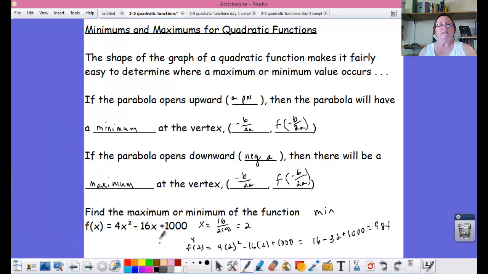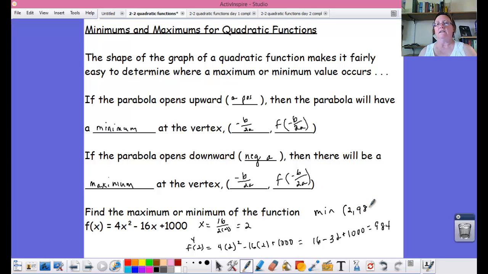So here's my work. I found the x-coordinate of the vertex by taking the opposite of b, positive 16, over twice a. So 16 over 8 is 2. Then I evaluate the function when x is 2. So I stuck a 2 in for x. I came up with 984. So the minimum occurs at 2.